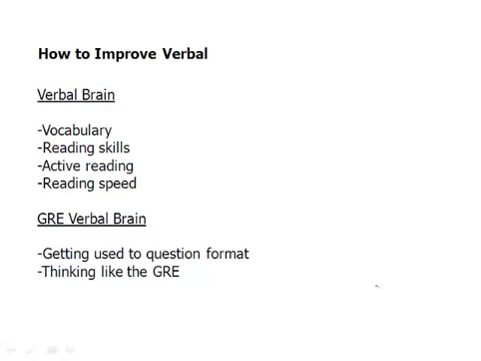Thinking like the GRE, that, of course, is very much a part of the GRE verbal brain. And finally, learning from your mistakes, and that feeds into thinking like the GRE. You will see how the test is structured, or at least you want to understand what makes a right answer right, and why the wrong answer, though pretty close, isn't actually right. And those skills are improving your GRE verbal brain.